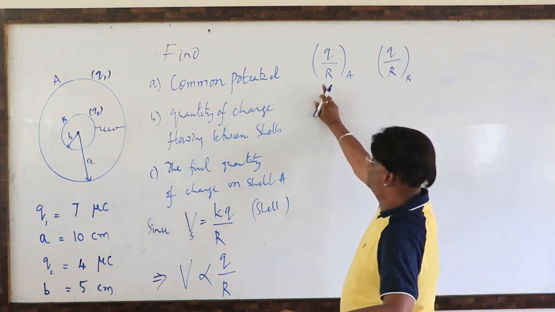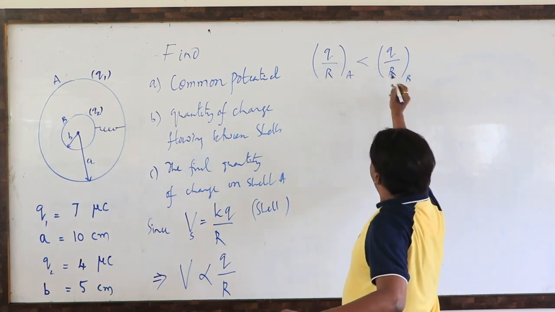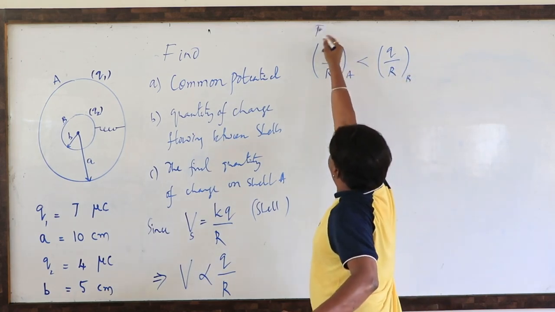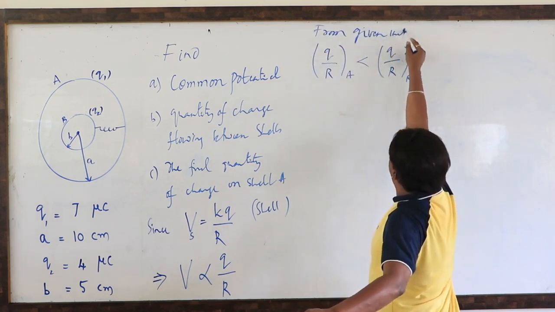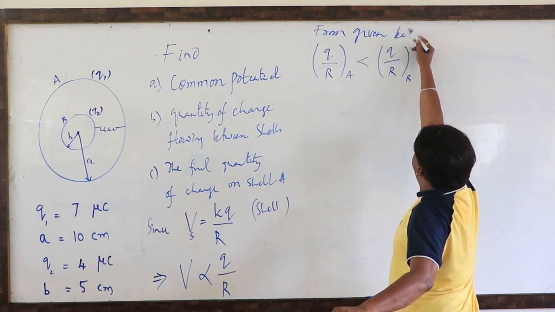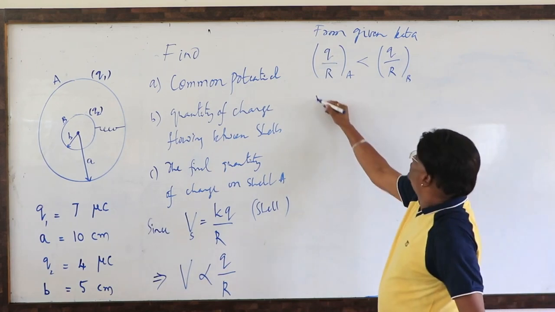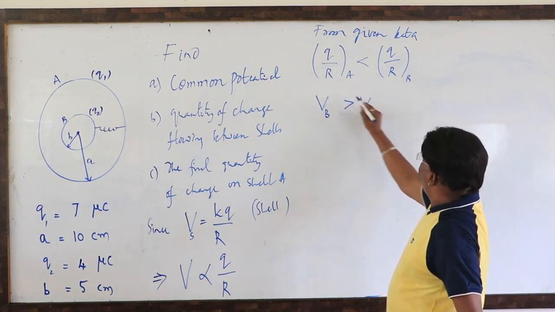Q by R is 7 by 10 for A, and 4 by 5 for B. Clearly, Q by R of A is less than Q by R of B from the given data. It means that VB is greater than VA.